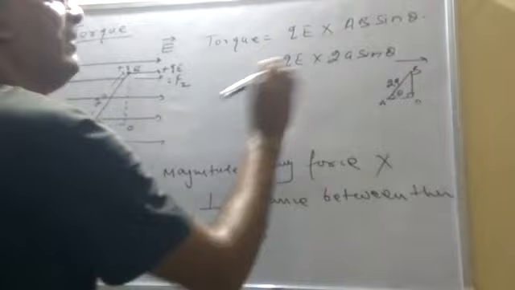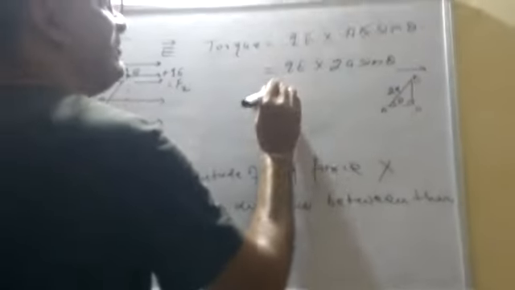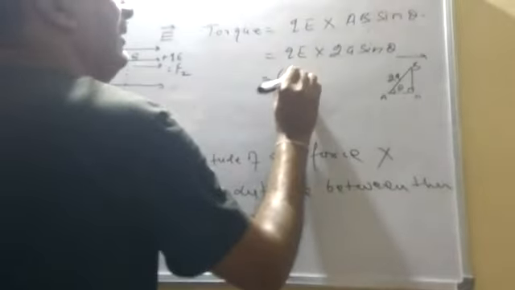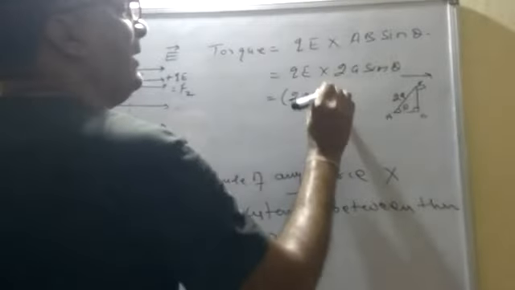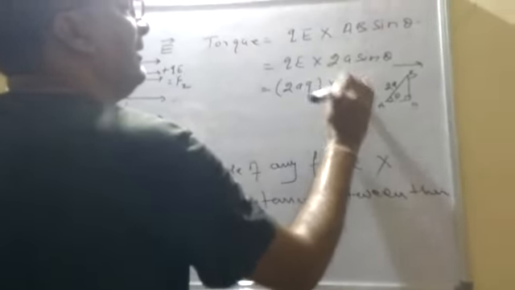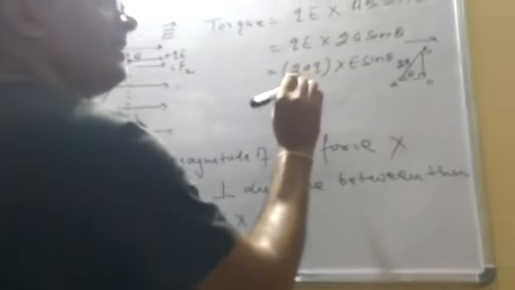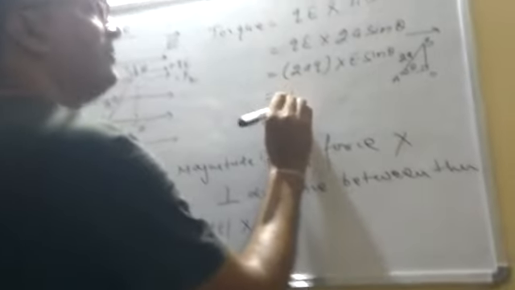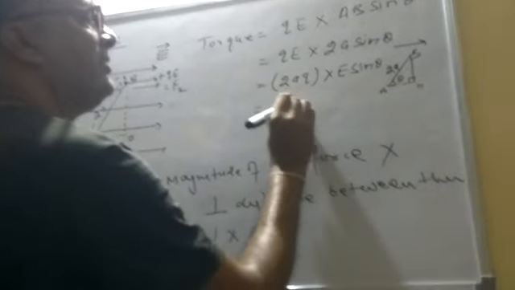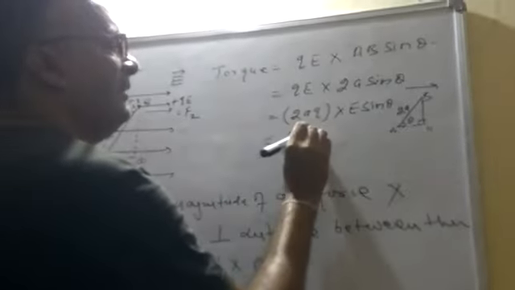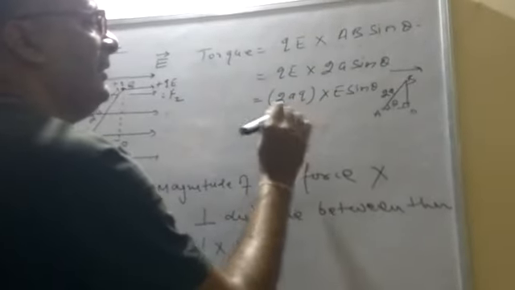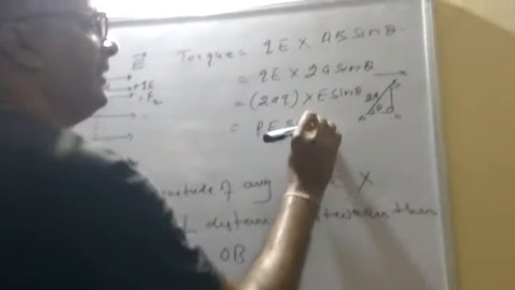Rearranging, it will be 2AQ into E sin theta. 2AQ is the electric dipole moment, which we denote by P. So it is PE sin theta.